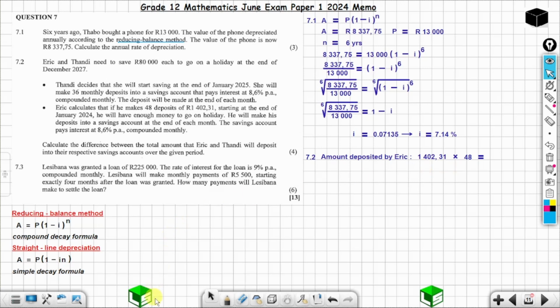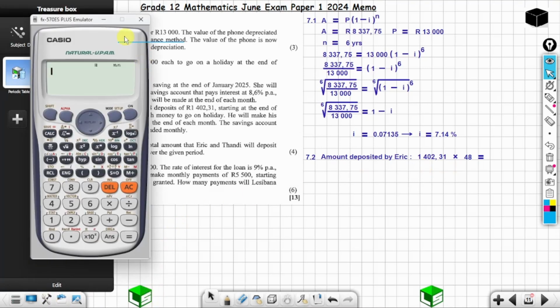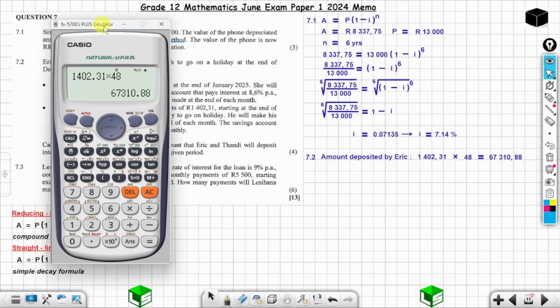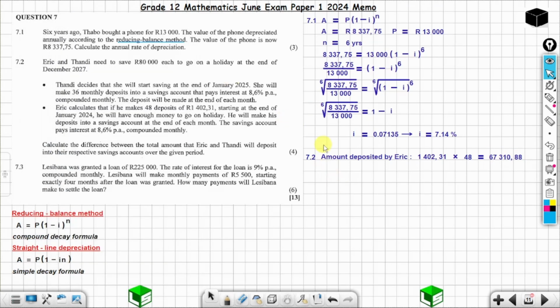This is equal to 67,310.88. And now for Tandy, we don't have the calculation for Tandy, so this is the target.